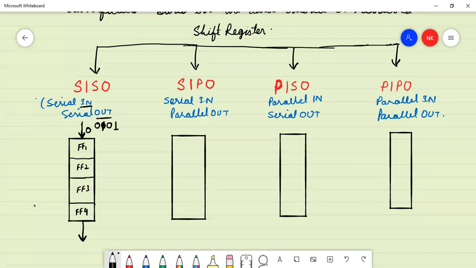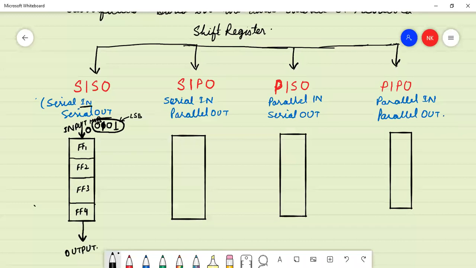In these 4 bits, this is the LSB and this is the MSB. We will see it later when we discuss all these flip-flops in an elaborative way. So this is the block diagram for serial in, serial out, where here it is the input and here it is the output.